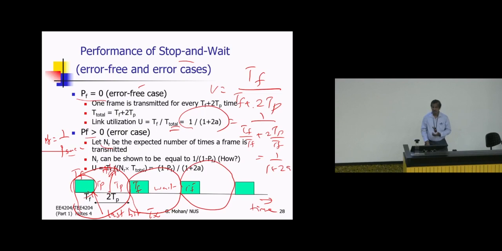Sometimes you toss just one time and you get head. Sometimes you may have to toss 2 times: tail, head. Sometimes tail, tail, head, 3 times you tossed. Correct? So you repeatedly do it. On an average, how many times do you have to toss the coin to get a head?